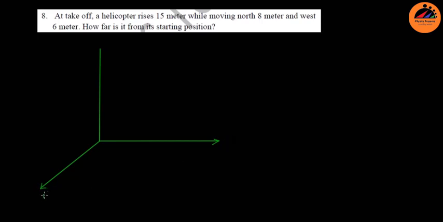If this is north, this is west, and this is the vertical direction. So it says that the helicopter rises 15 meters. So if I coordinatize, suppose this is x, this is y, and this is z.